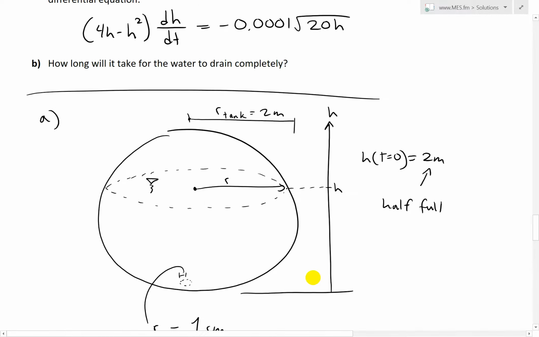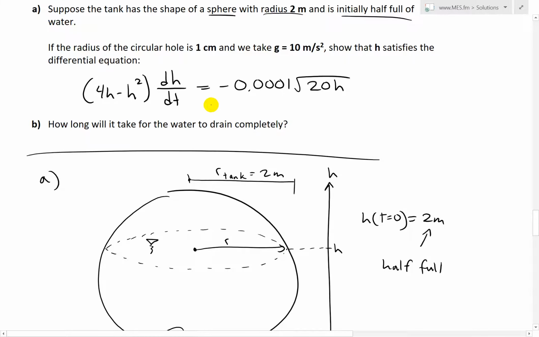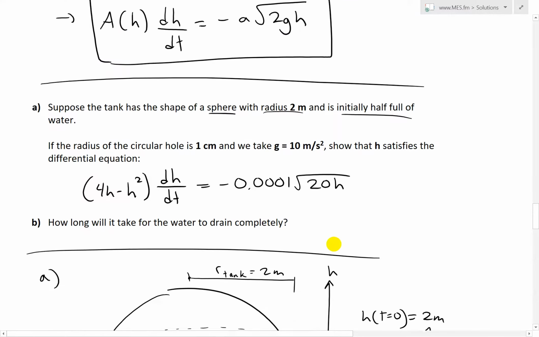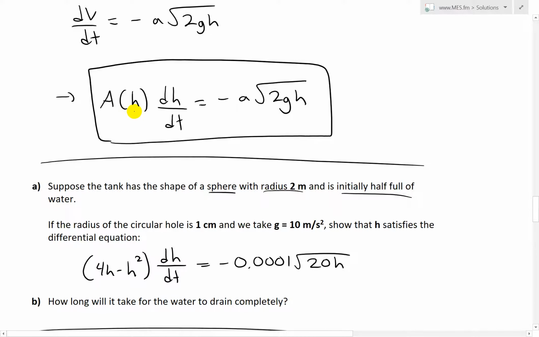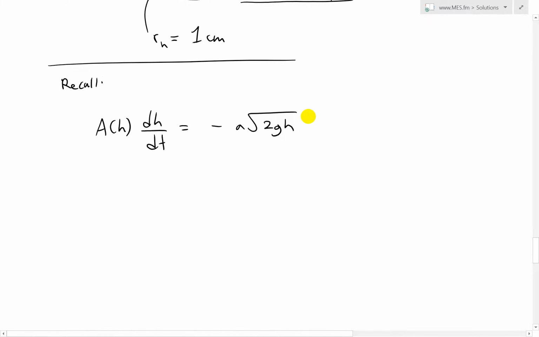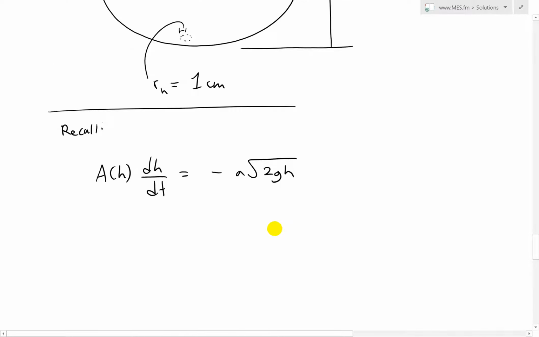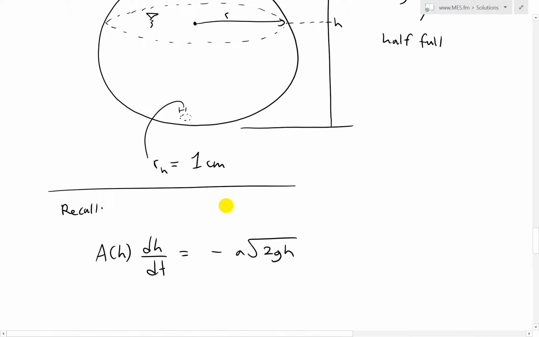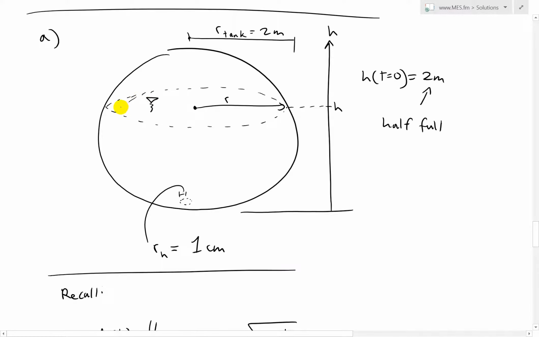So I'll double check that's what it is. Yeah, so A of h dh over dt equals negative a square root 2gh. So that's what we have here, where this A of h is the cross-sectional area of the water right here at the water height. So that's this area right here.